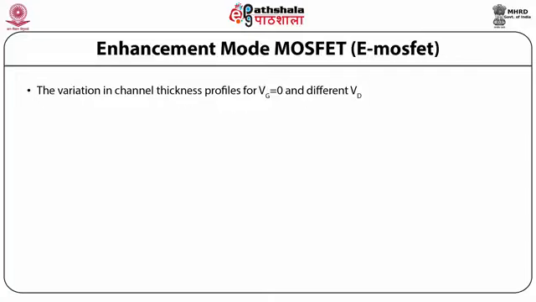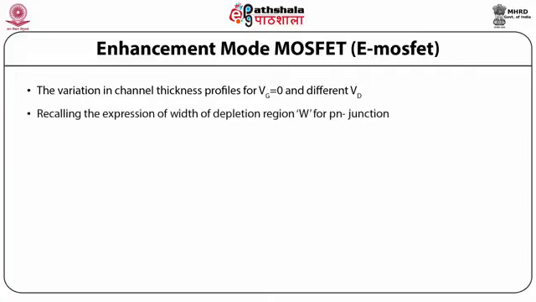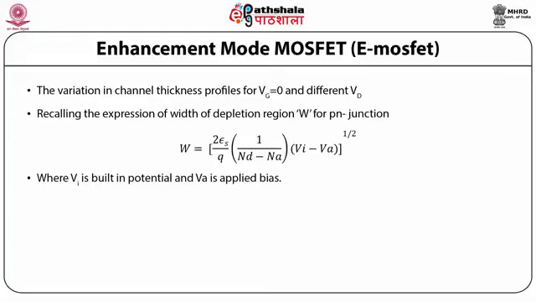different Vd. Recalling the expression of the width of the depletion region W for the PN junction, it is given by W equal to [2 epsilon s by Q multiplied by (1 by Nd minus Na) multiplied by (Vbi minus Va)] to the power 1 by 2, where Vbi is the built-in potential and Va is the applied bias.